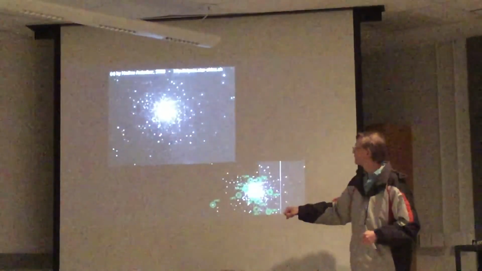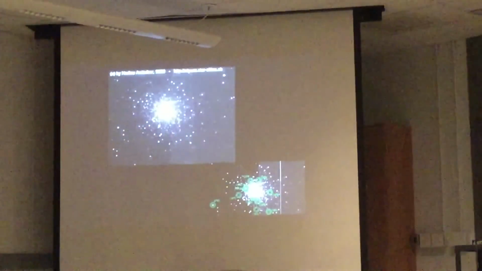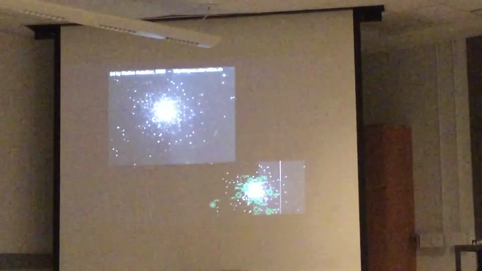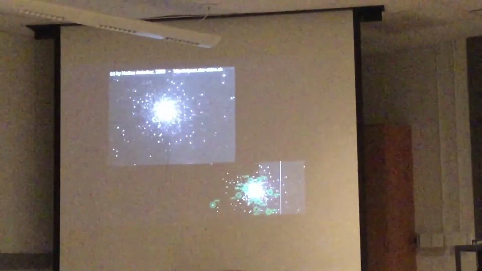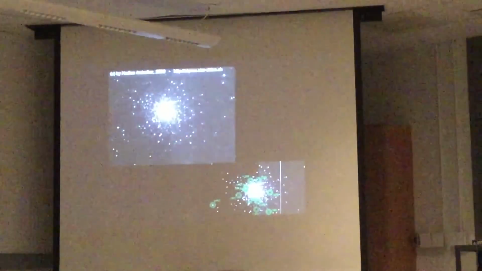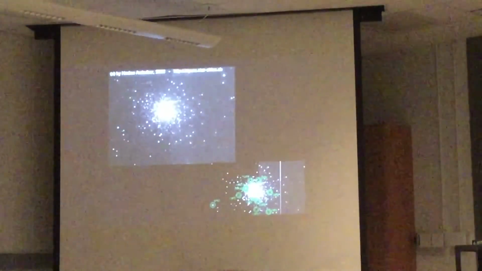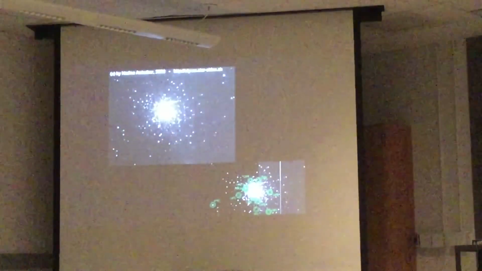And the RR Lyrae variables, you may remember, are approximately solar mass stars that are at the base of the instability strip in the HR diagram. And they all have about the same luminosity.